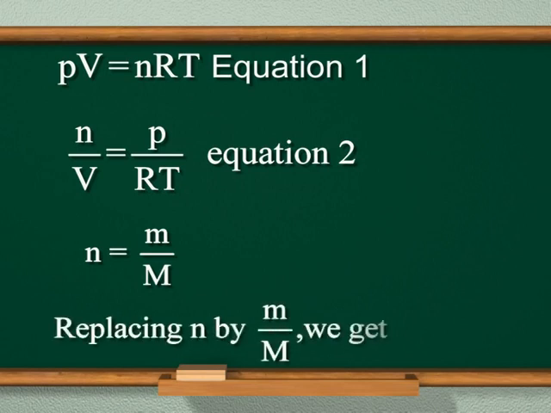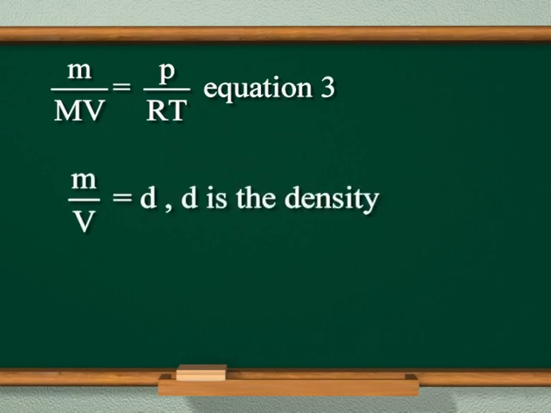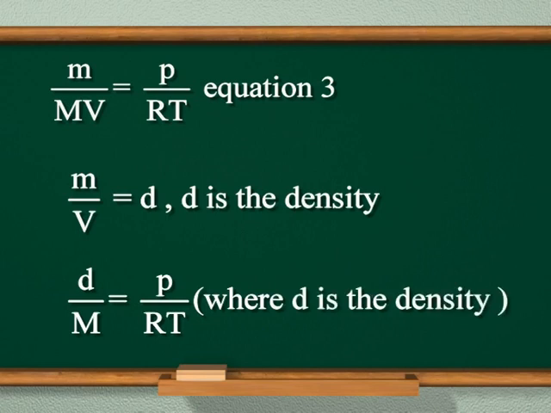Replacing n by small m upon capital M in equation 2, we get small m upon capital M multiplied by V is equal to small p divided by R multiplied by T. As m divided by volume V is density, we can also write equation 3 as small d, that is density, upon capital M is equal to P upon R multiplied by T.